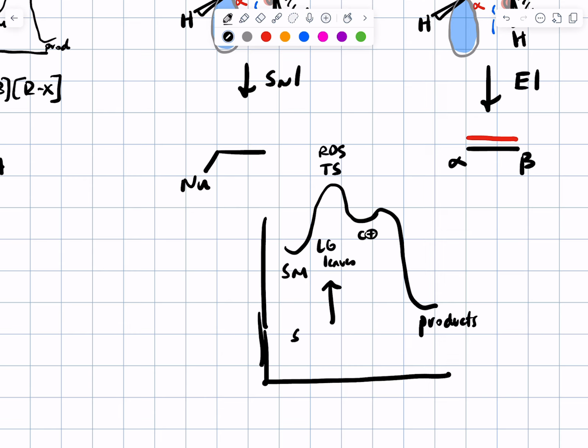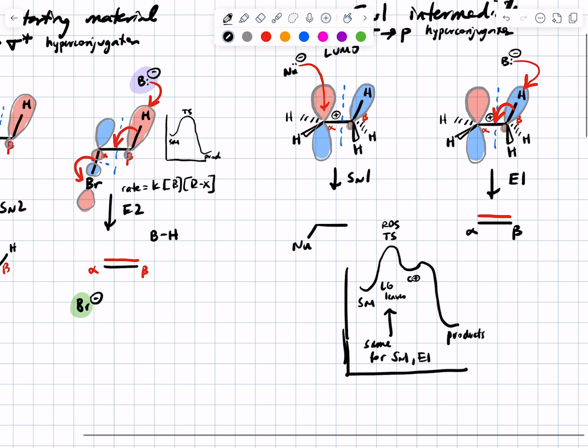But this first step is the same for SN1 and for E1. So it turns out that the rate laws are identical for SN1 and E1. They only depend on the concentration of the molecule that has a leaving group. Go ahead.